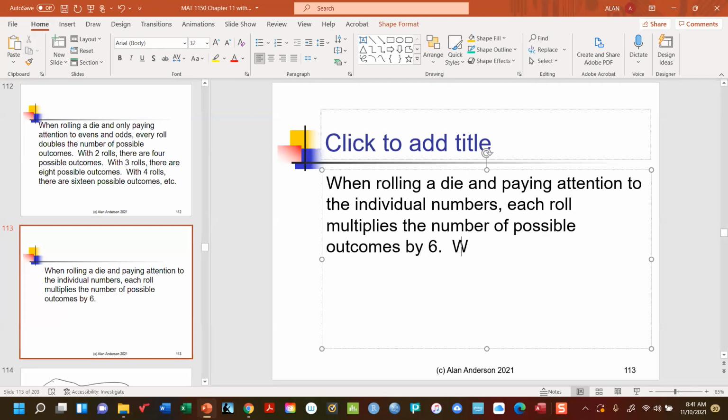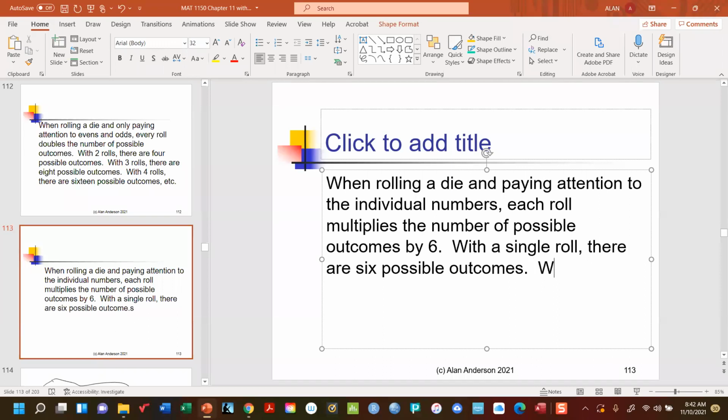With a single roll, there are 6 possible outcomes, obviously. With 2 rolls, there are 36 possible outcomes, as we've already seen.